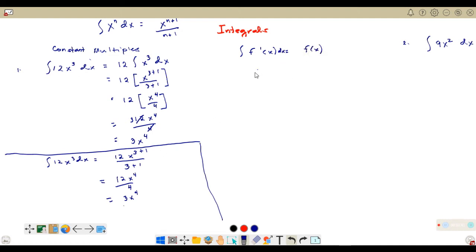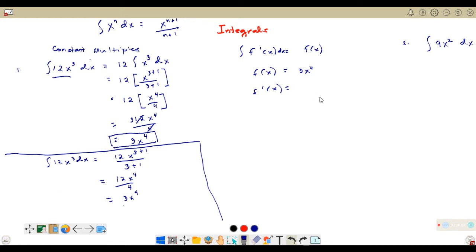So, ang gawin natin, iset natin yung f of x as our answer here. Yung function na na-derive natin from integration, that is equal to 3x to the 4th. And then, let's work back. Dapat, yung magiging f prime of x nito ay equal dun sa original na function natin, which is 12x cubed.